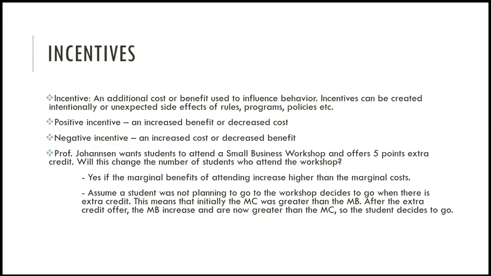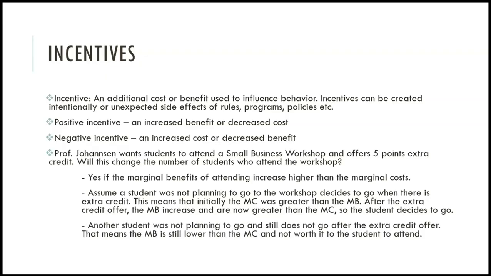Now remember, this includes opportunity costs, so the time cost, right? Even though it might be a free workshop, there's other things you're giving up to be there. After the extra credit offer, now this marginal benefit increases and it's greater than the marginal cost. So the student decides to go because they're getting a larger benefit compared to that cost.